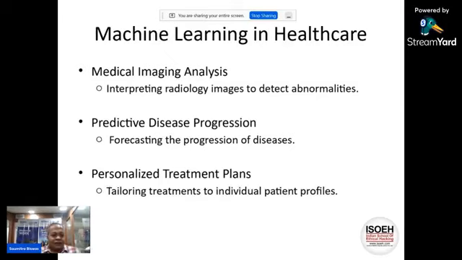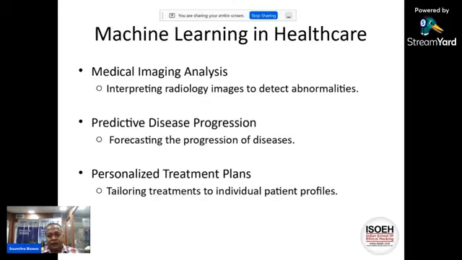Next one is very, very interesting to me. Personalized treatment plans. Now everyone has a different type of anatomy, every human being, a different way of healing.